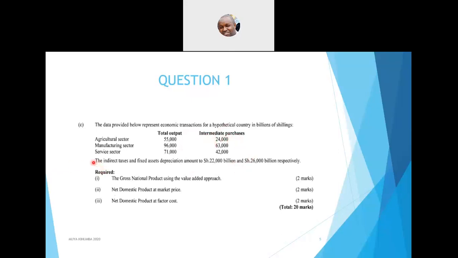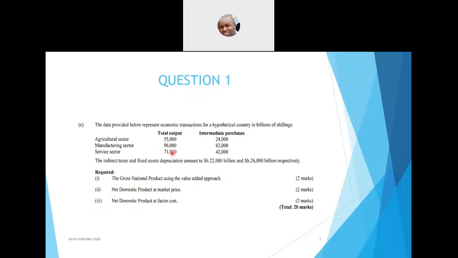For now, we are going to ignore these bits, but come back to them in a later video when we look at the domestic product at market price and the domestic product at factor cost. Our interest in this video is only the GNP using the value added approach.